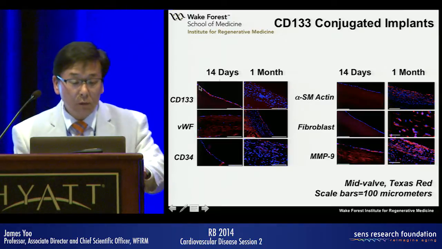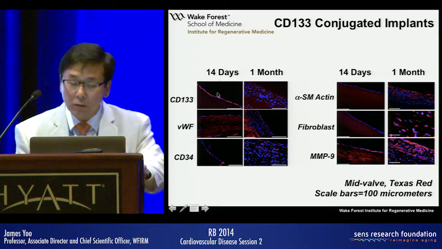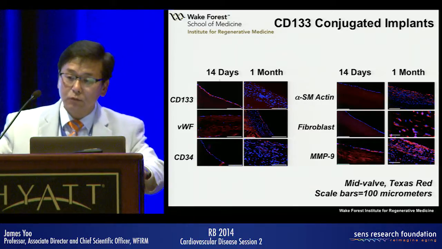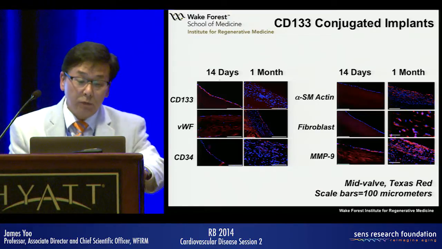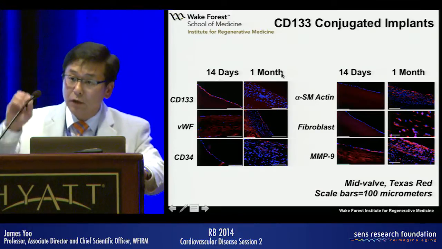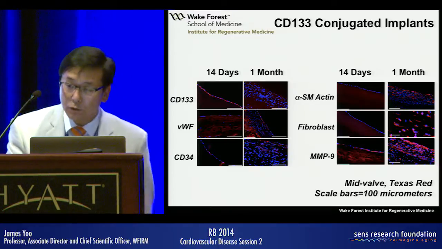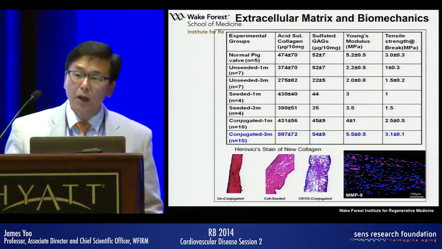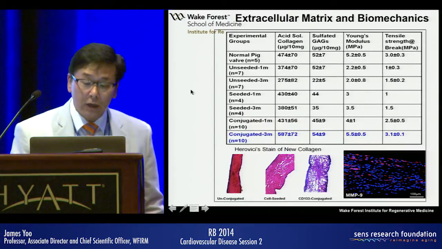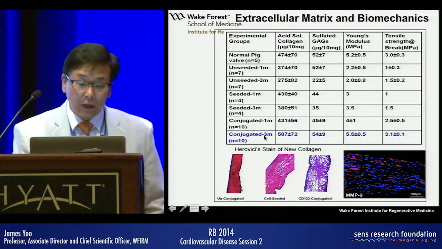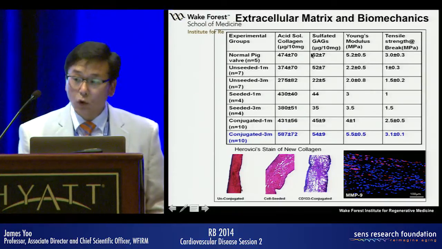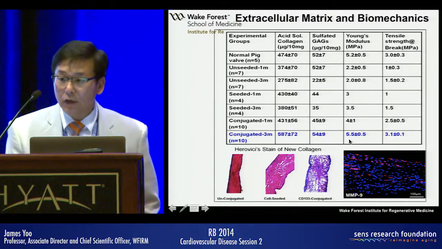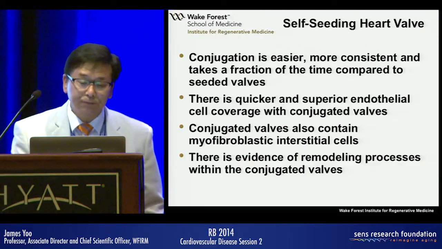Histologically, we were able to see at 2 weeks that those cells attached onto the surface are endothelial progenitor cells, but after a month, those cells have differentiated into fully matured endothelial cells as seen here. But more importantly, biomechanically, the conjugated heart valve is pretty similar to a normal valve, as you see here, and we do see evidence of tissue remodeling over time.